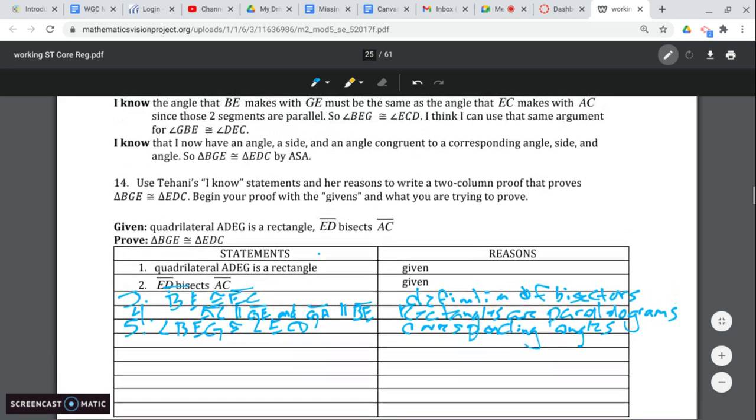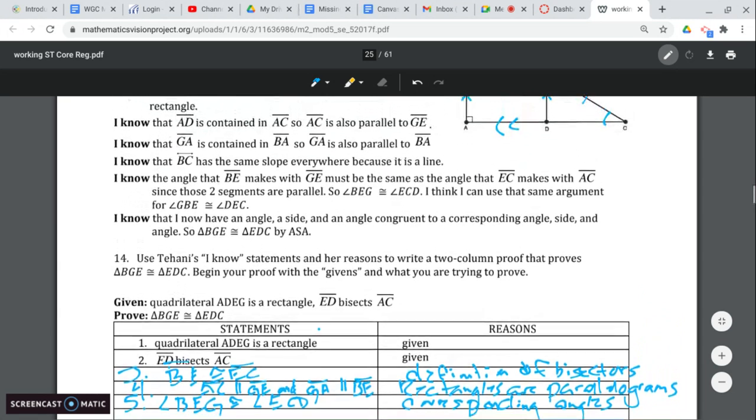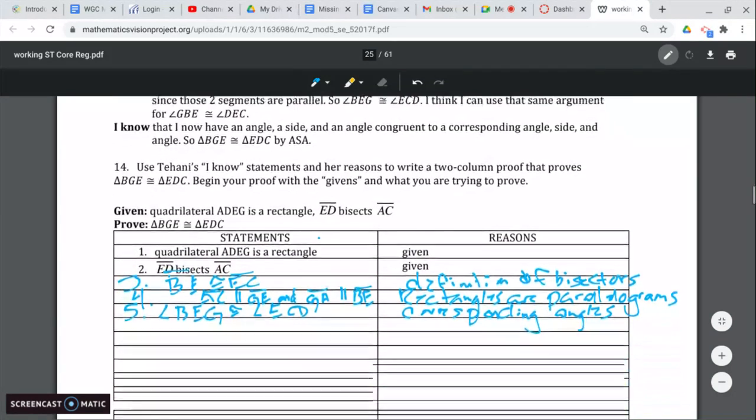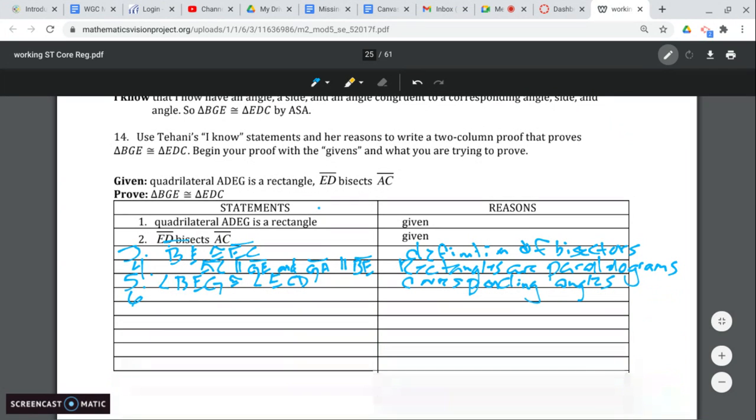She also said that she can make the same argument for angle GBE and angle DEC. So she is correct. Those are also congruent. So looking back up here, GBE, it's that angle right there, and DEC, this angle right here. Those are also going to be congruent because they're corresponding. They're in the same relative position.